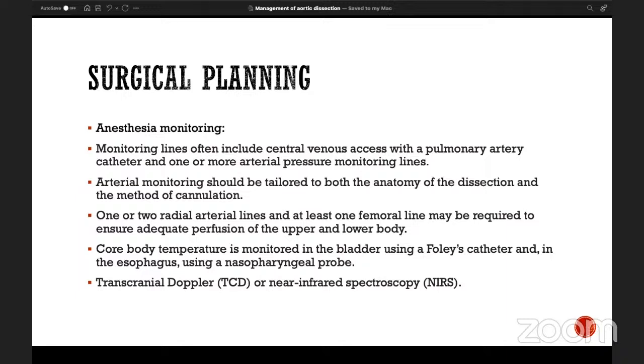monitoring. Monitor lines include a CV line, with or without pulmonary artery catheter. Usually, the patient will have more than one arterial line monitoring in the upper or lower limb to assess the pressure variation, especially if you have peripheral or axillary cannulation.